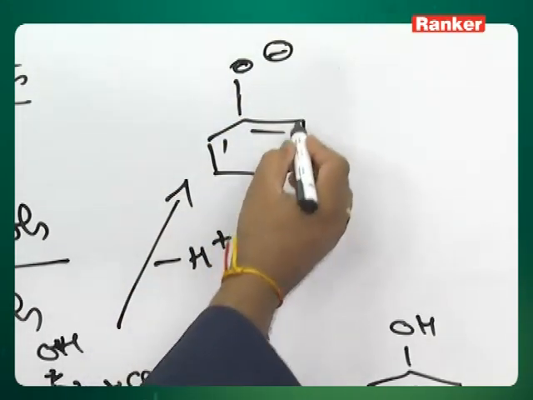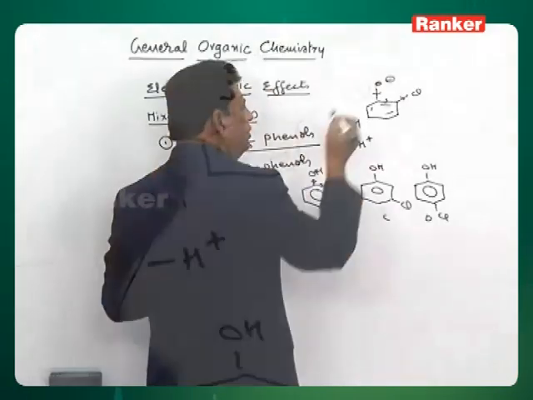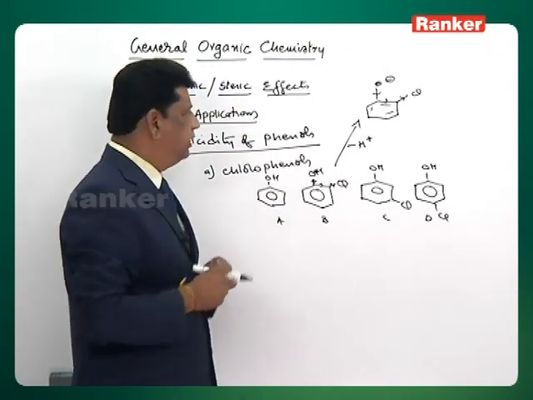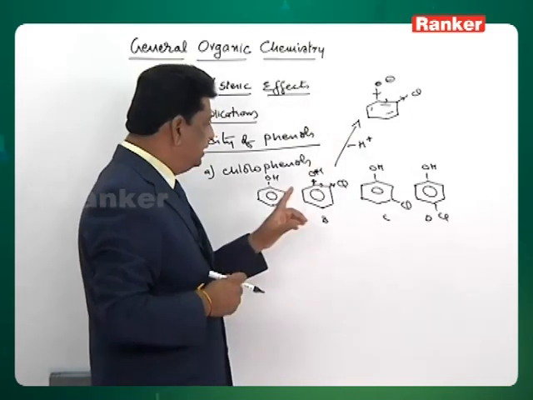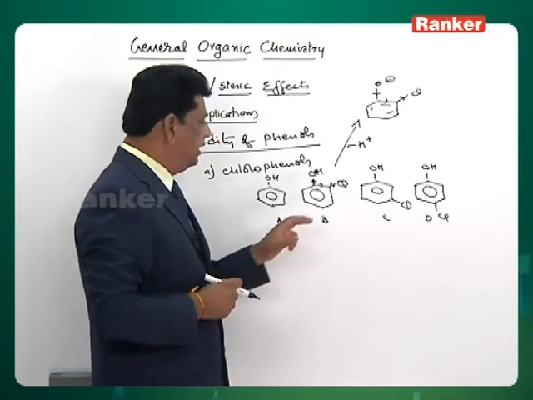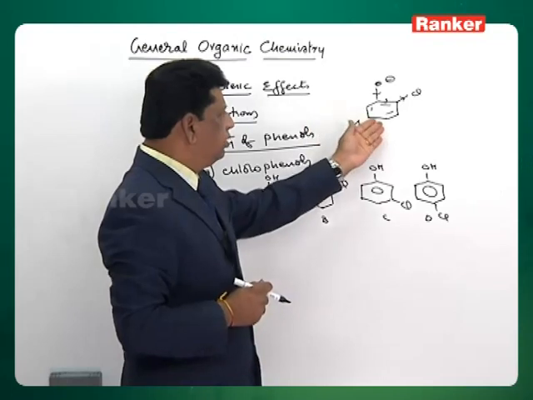In addition to that, we have a chlorine also. So, chlorine pulls. So, the negative charge on the oxygen will apparently decrease. Therefore, the stabilization of the phenoxide anion in the case of chloro substituted is more. Ordinary phenoxide and chloro substituted phenoxide, when you take, this is more stable.